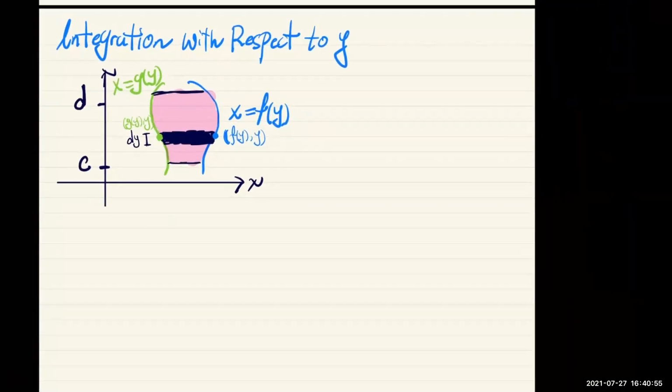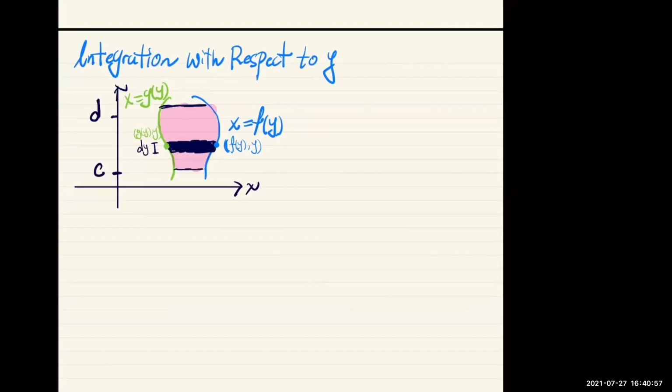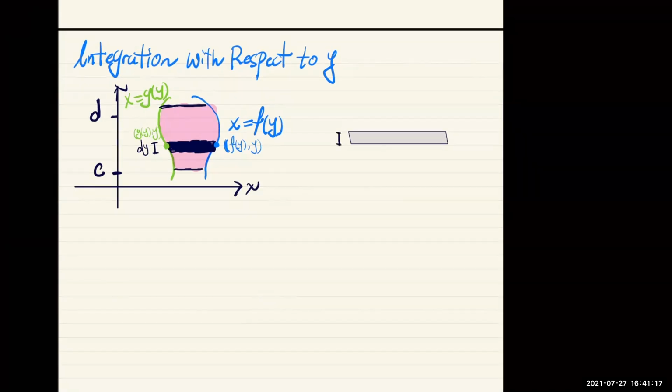Okay, here our x is described as a function of y for every y value. So if you're finding the, let me draw that rectangle here. Again, this is dy or delta y.